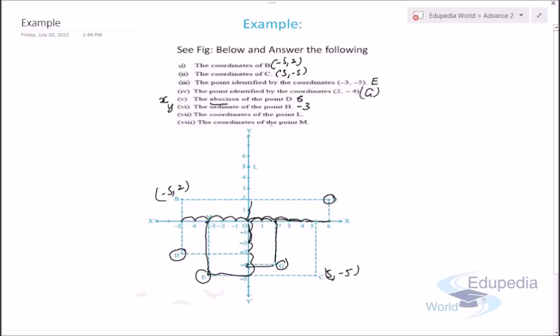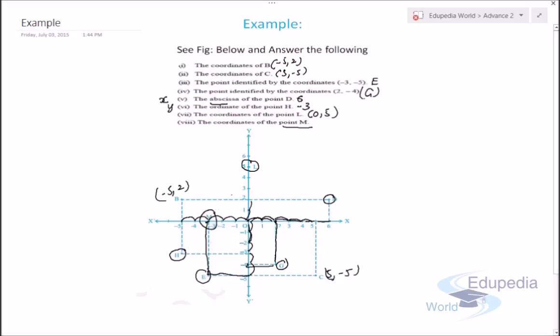The coordinates of point L, we have to write the coordinates of point L. Clearly it is on the y-axis, so its abscissa will be 0. So the coordinates will be 0 and 5. Why? Because it's in the positive direction. Then we have to write the coordinates of point M. M is here.